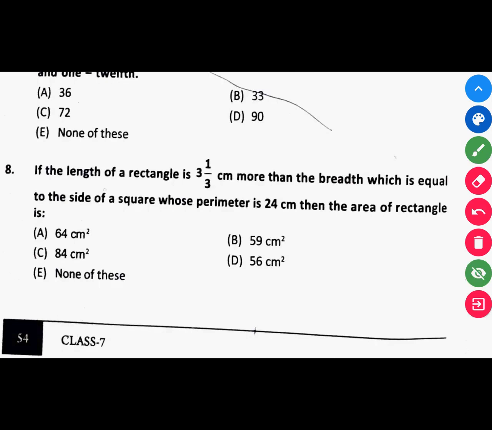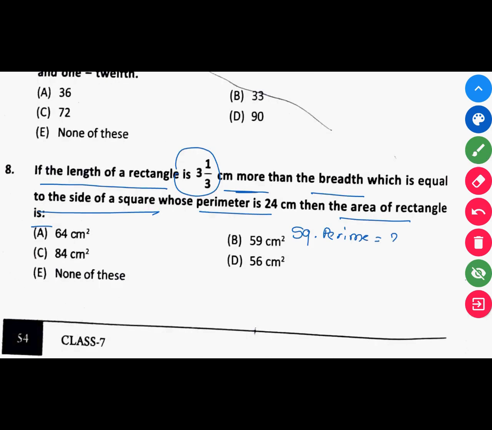The example is: the length of the rectangle is 3 1/3 centimeter more than the breadth, which is equal to the side of the square whose perimeter is 24 centimeter. We have to find the area of the rectangle. What is given to us is very important. The perimeter of the square is 24 centimeter.